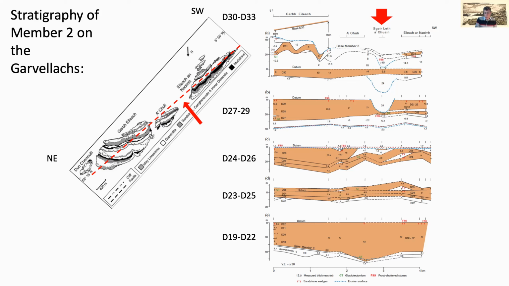D23 to D25 is a very interesting group of diamictites, including significant stratified diamictites, which we'll talk about later. D24 to D26 I've indicated as a group, so there's some repetition there with the group underneath, D23, D24 being repeated.